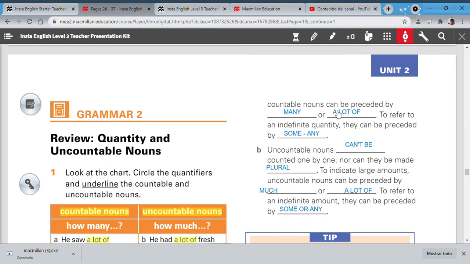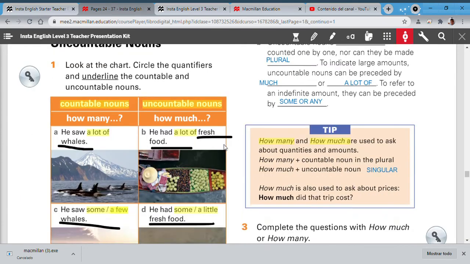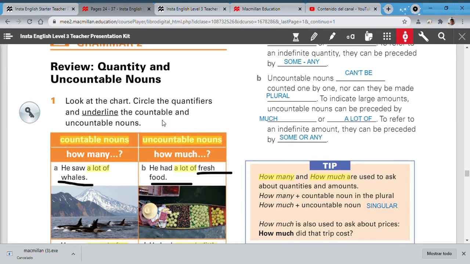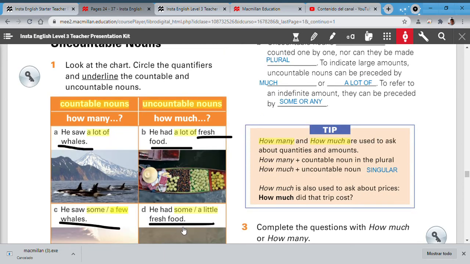Countable nouns can be preceded by many or a lot of. To refer to an indefinite quantity, they can be replaced by some or any. Uncountable nouns can be counted one by one. Remember, in uncountable, it's not possible to count.